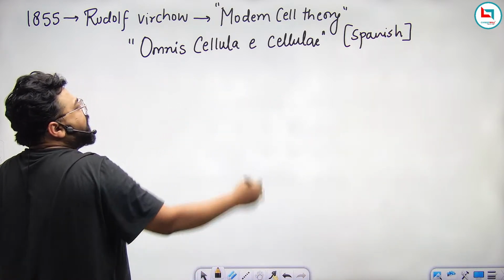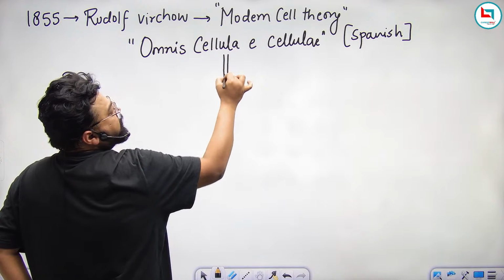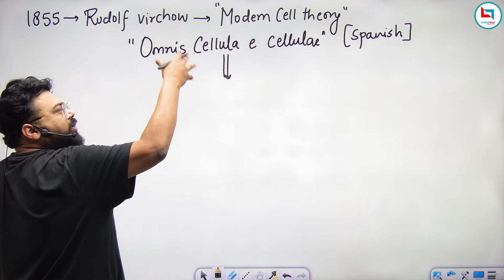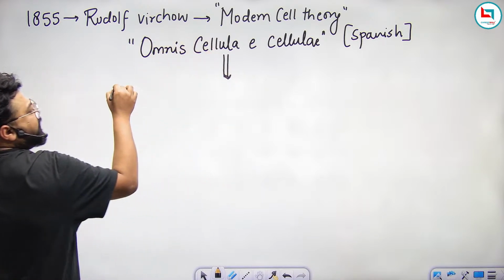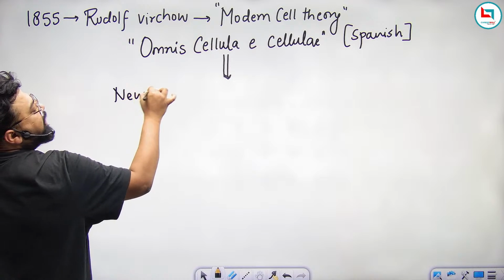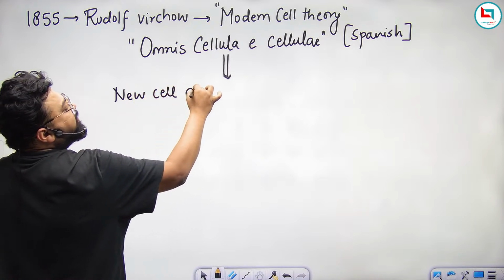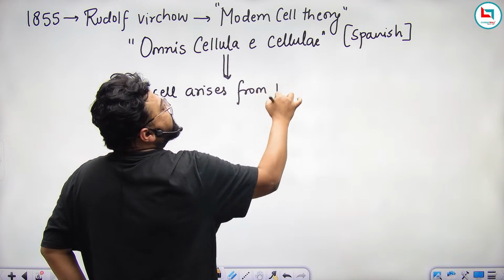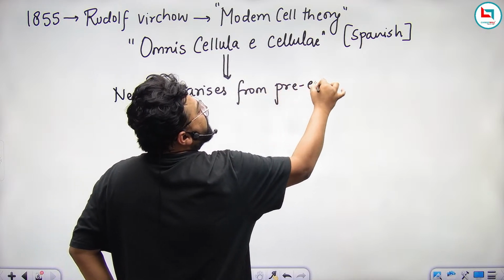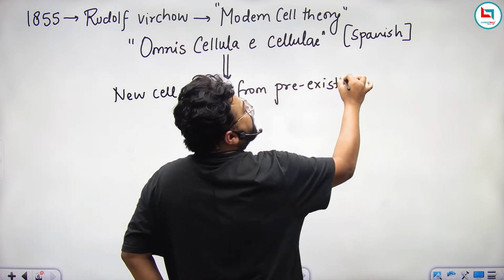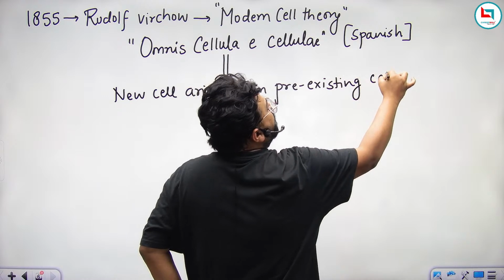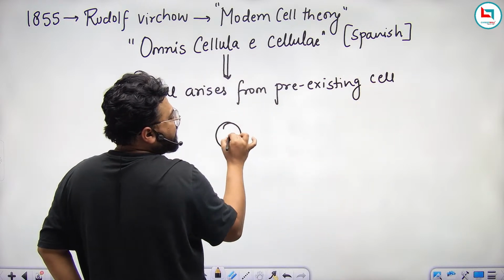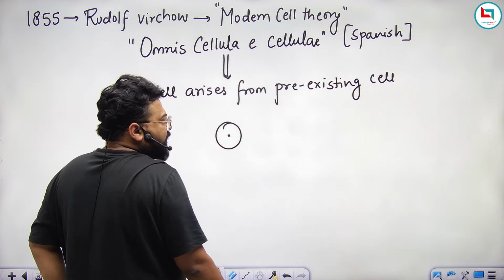If we convert it into English, the meaning of omnis cellula e cellulae is that a new cell arises from a pre-existing cell. Let us suppose this is the older cell.